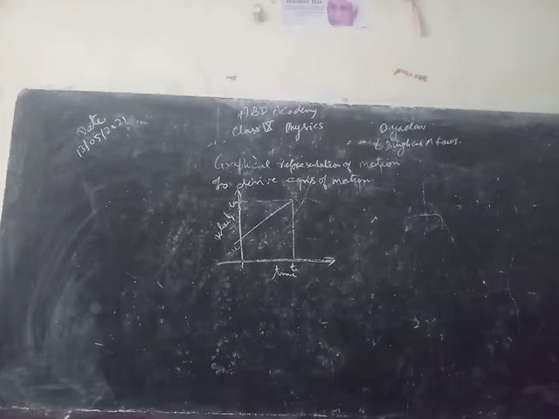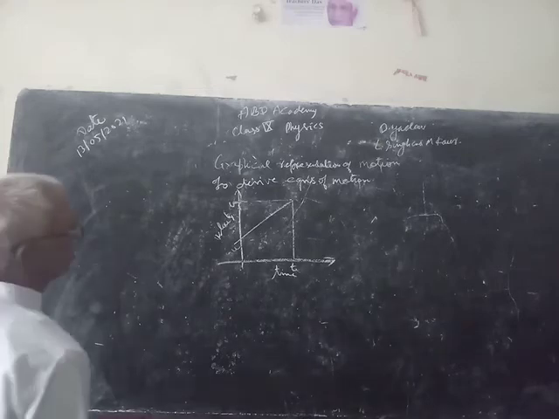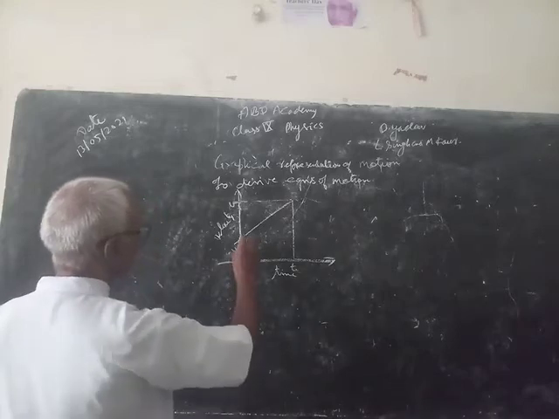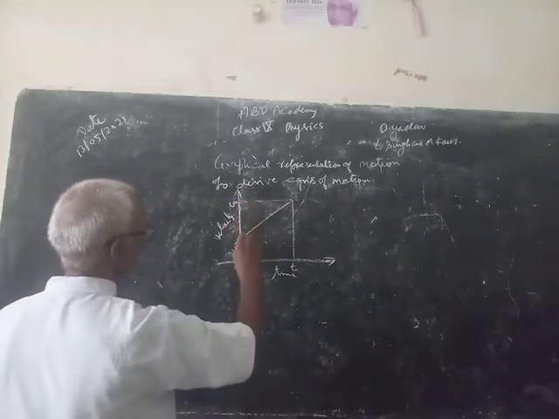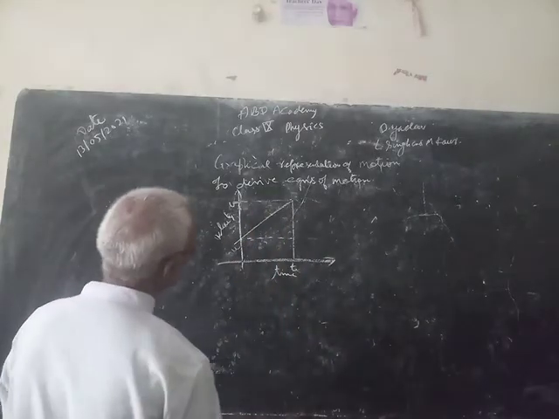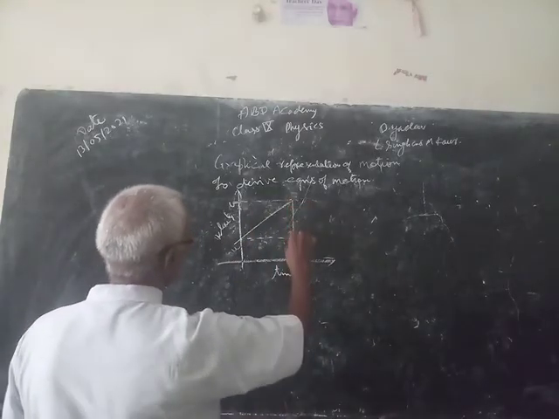Then v = u + at. What is a? Change in velocity. V is here, u is here, then v minus u is this.